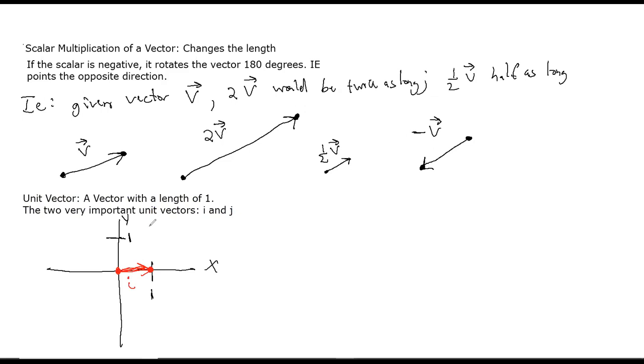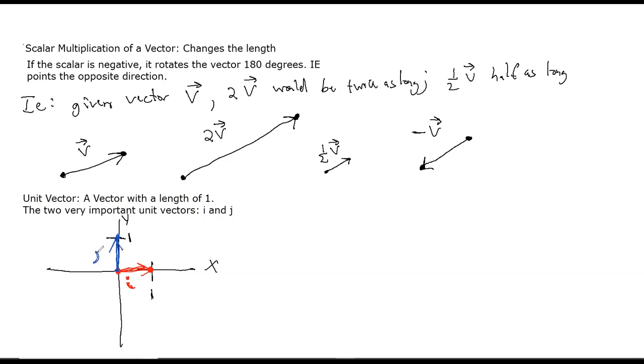So that red vector right there is the vector i. And that is a bolded i, because it's a vector. The vector j starts here and instead points up at the point (0, 1).